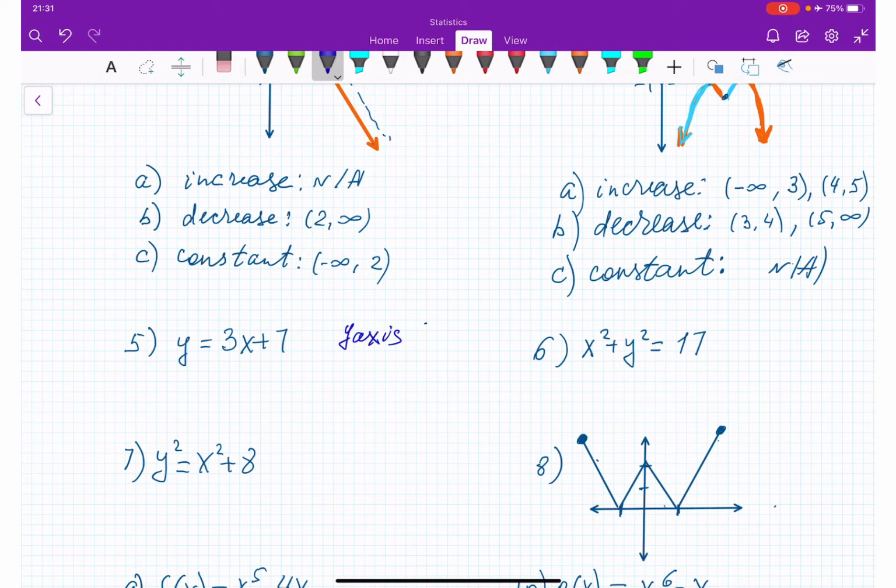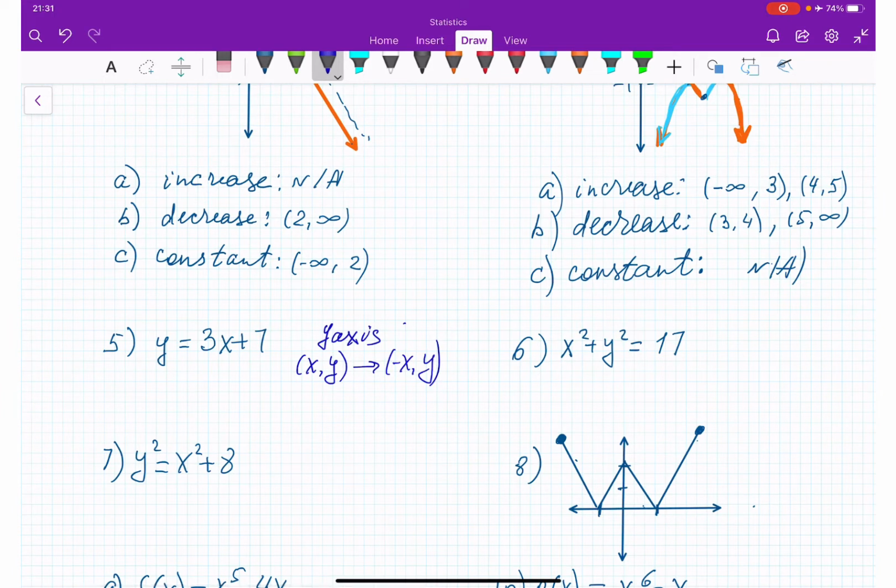So when it's symmetric with respect to the y-axis, then for every point (x, y), there is a matching point (negative x, y). Why is that? I would like to move this a little bit further so we can have space.